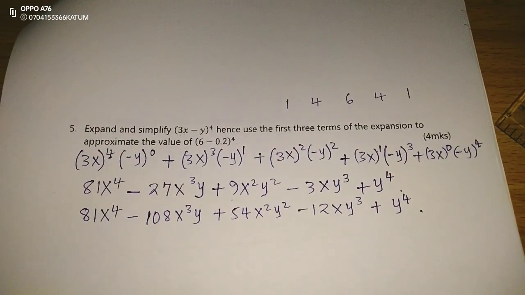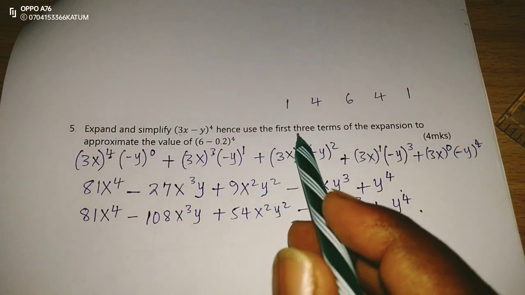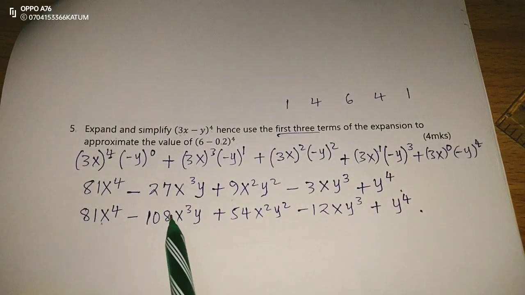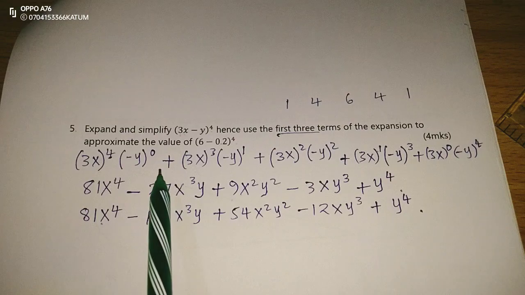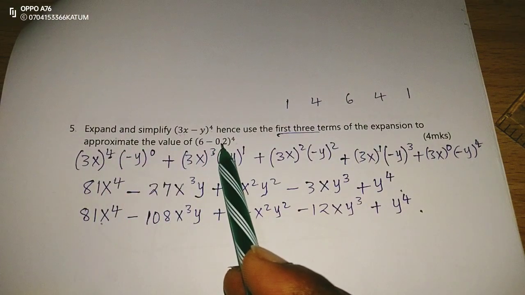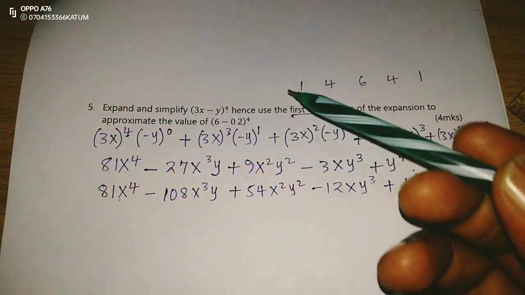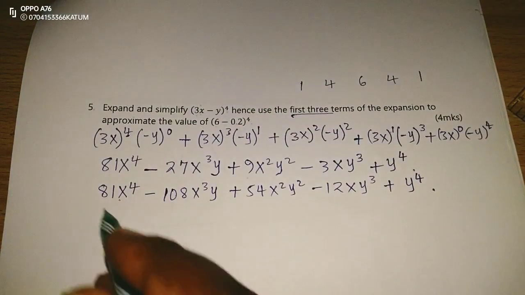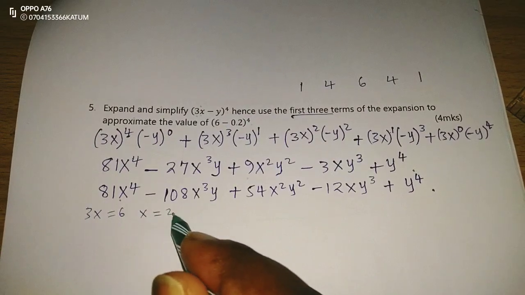So the next, we're going now to apply this expansion, but we are using up to the third term, the first three terms, to approximate (6 − 0.2)^4. Therefore, we're going to equate the corresponding terms, 3x with 6, so that x becomes 2.